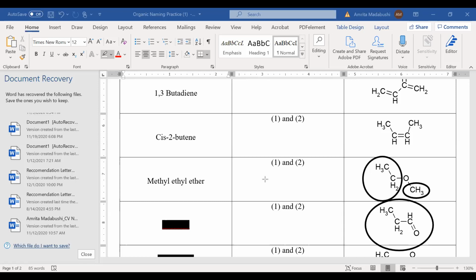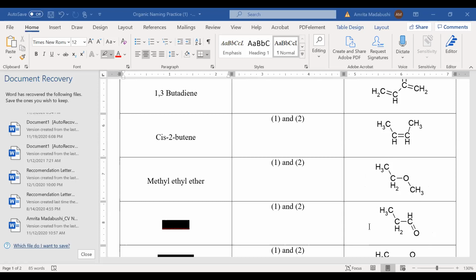If we were doing CH3O CH3, then yes. Unfortunately, this is not that structure. This one is CH3 on one side, but CH3 CH2 on the other side. That is why it is supposed to be methyl on one side and ethyl on the other side. Thank you.